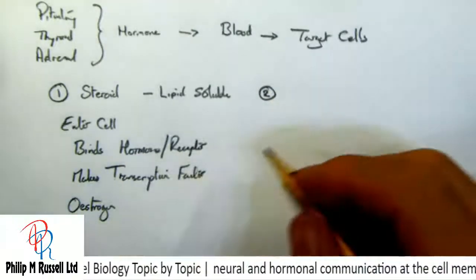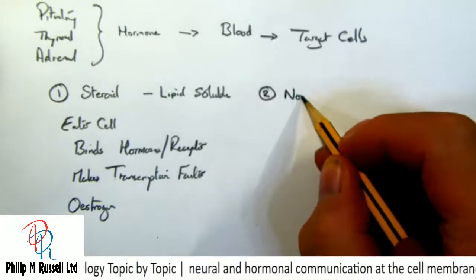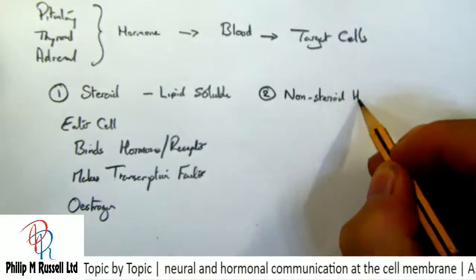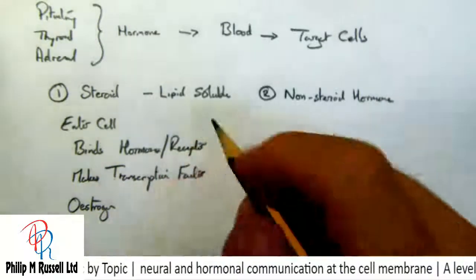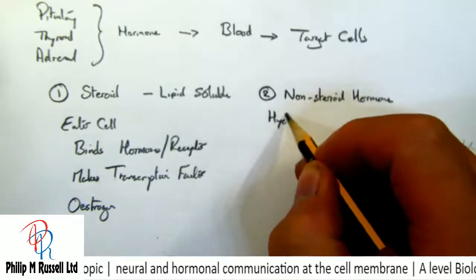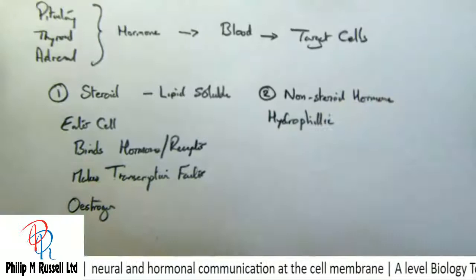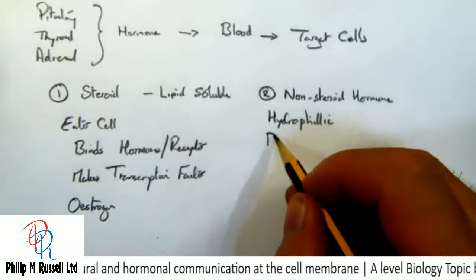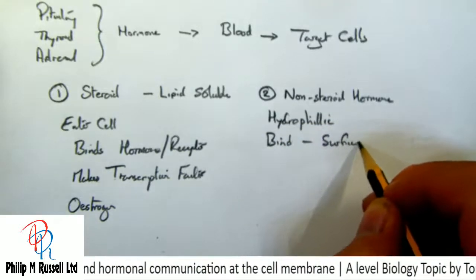Our other choice is having a non-steroid hormone. What's this going to do? Well, these are basically hydrophilic. That means they're not going to enter the cell membrane, so these will need to bind to something on the surface of the cell.